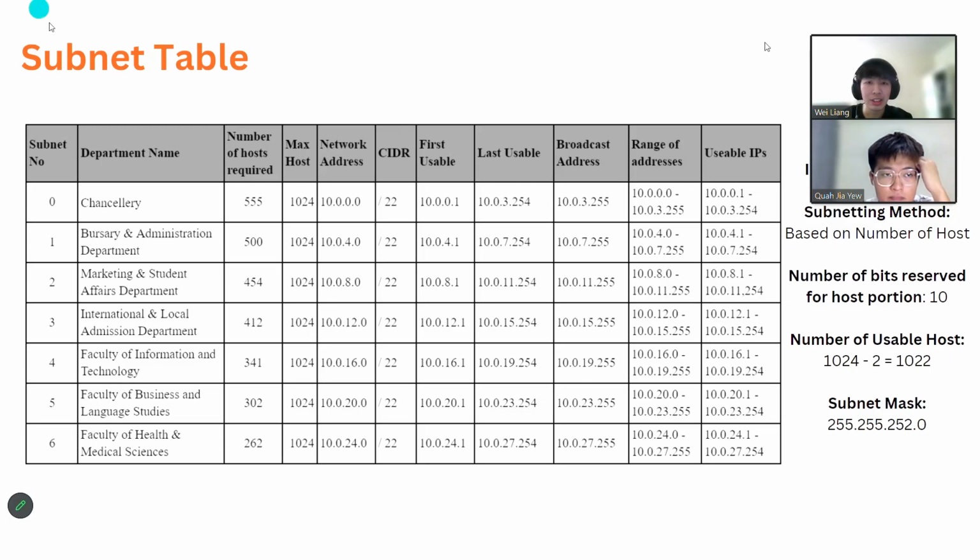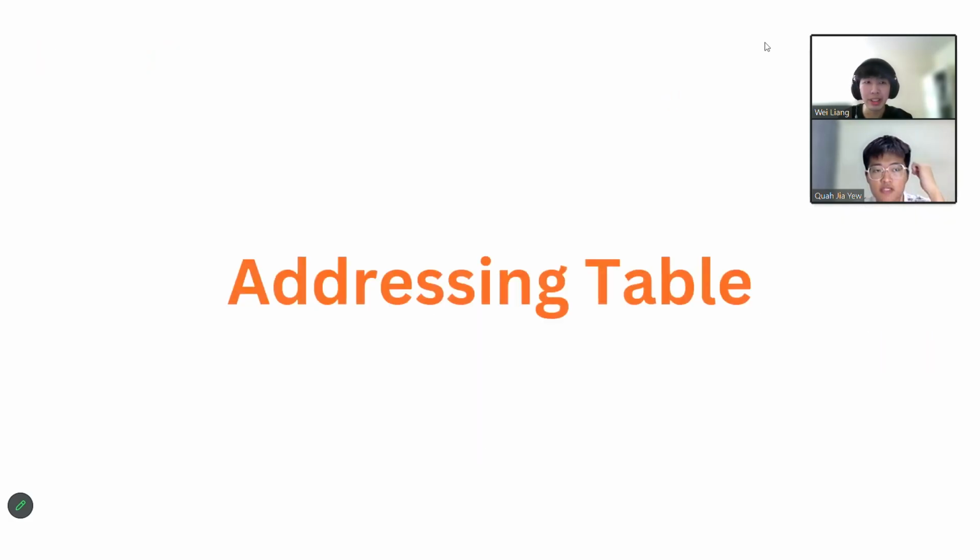To find the last usable, it is the broadcast address minus 1, which will be 10.0.3.254. So the range of addresses is from the network address to the broadcast address, and the usable IPs are from the first usable to the last usable. Okay, next. That's all for my part, and I will pass my presentation to Kwa Jia Yu.